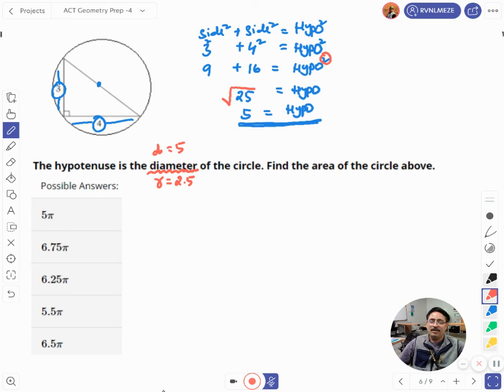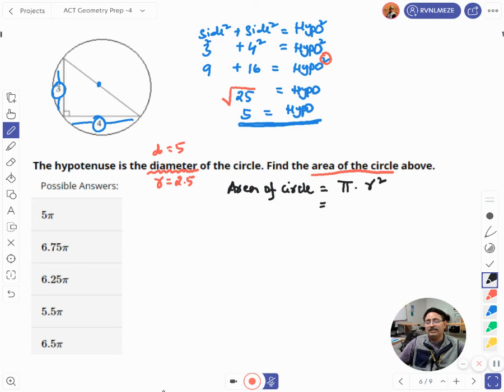You know that the radius is half of the diameter. Therefore, half of 5 gives me 2.5. Find the area of the circle. So, let me compute the area of the circle. Area of a circle is pi times radius square.